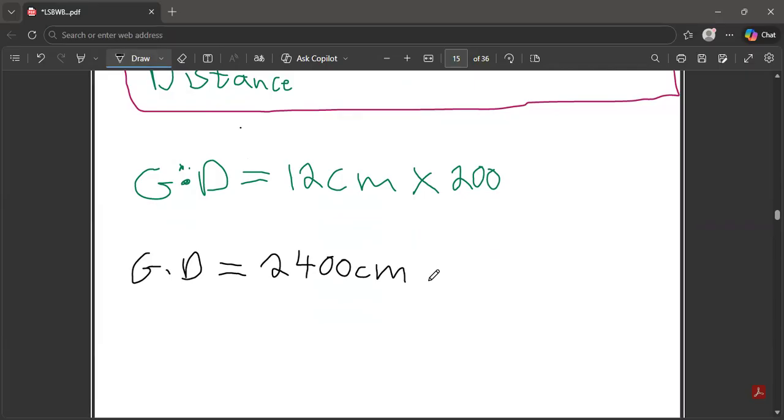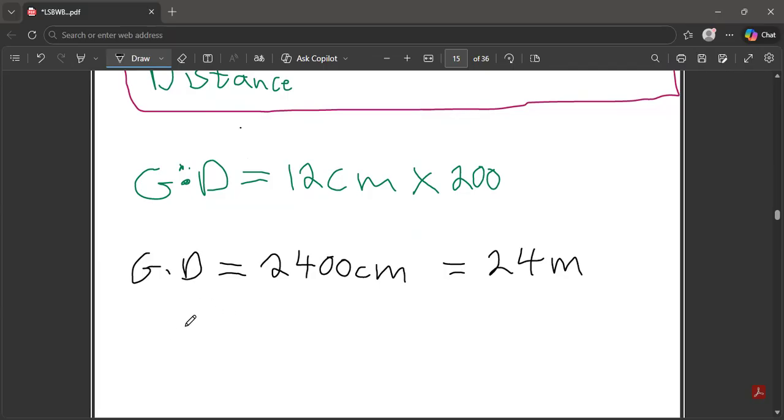But since 100 centimeters is equal to 1 meter, we divide this by 100 and we get 24 meters. Therefore, we can say that our horizontal distance is 24 meters.